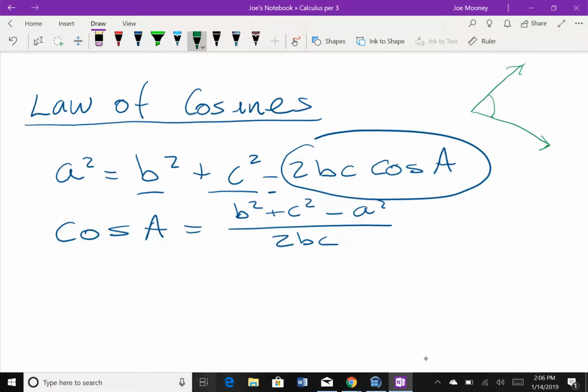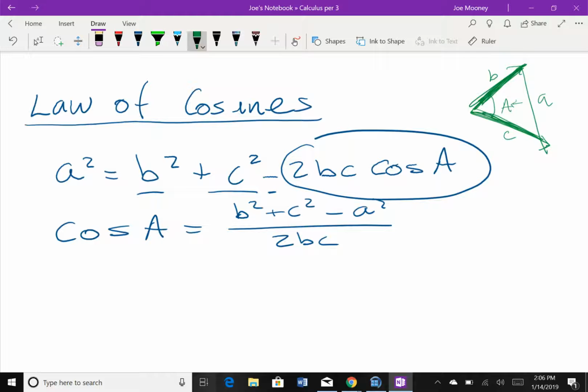My included angle here, in this case, is angle A right there. We've been given this B and this C. So we've got a side as a slice of bread, there's another side, a slice of bread, and there's the filling right there, the angle A. So when you have your angle sandwich, your side, angle, side, use the law of cosines.